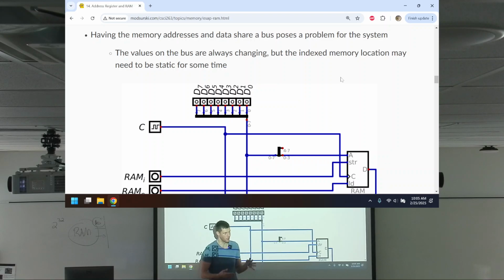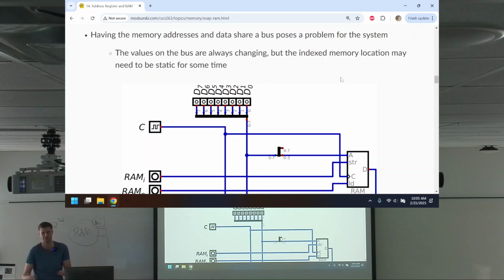What we can do is take the data from the bus, put it into a register, and then output the data onto the bus. It requires an additional step because every time you want to store something in a register, you need a clock pulse. So it's a sequential thing, so it needs to be synchronized in some way. But this solves the problem of having a collision on the bus.